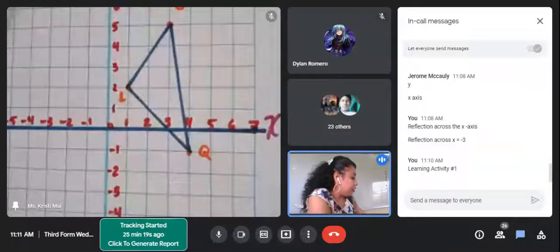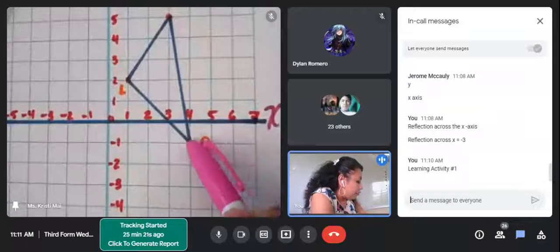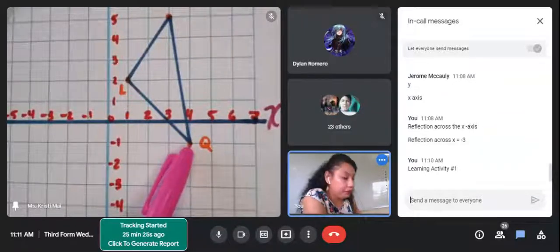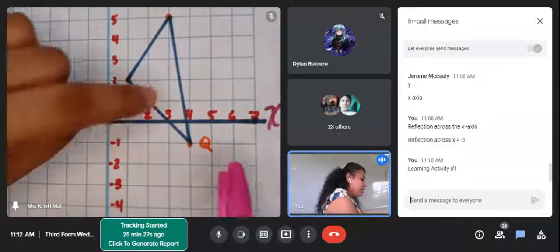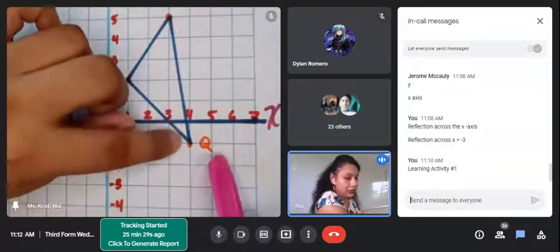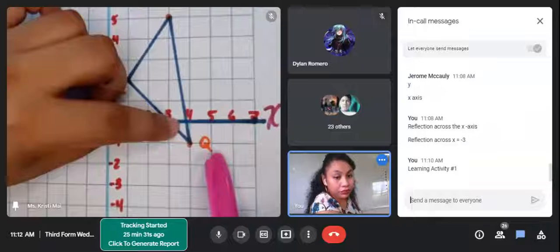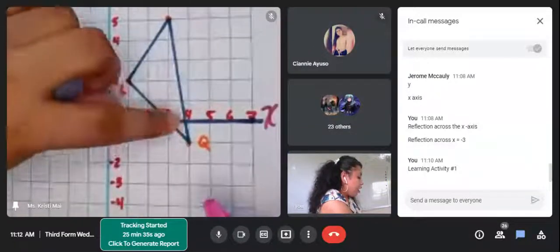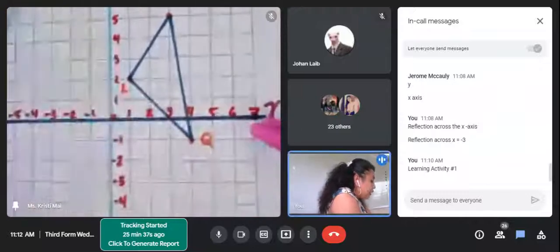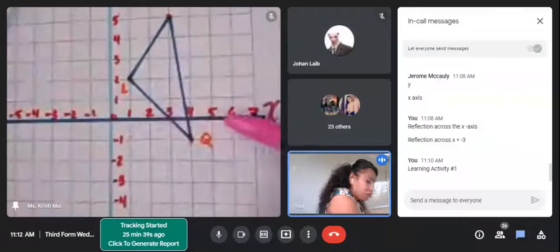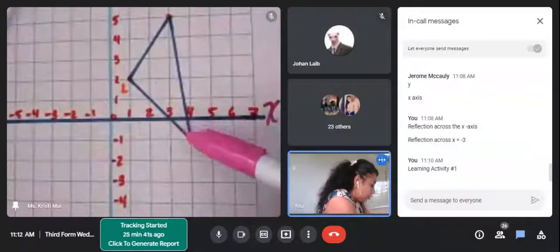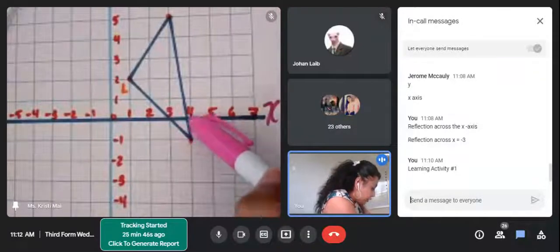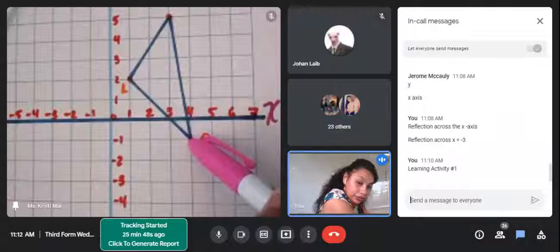So now if I need to find the points, I am going to find Q right here, and I need to find Q1. How many spaces away from this line is Q? One. From this line, the blue line, to point Q, from here to here, how many spaces is it?